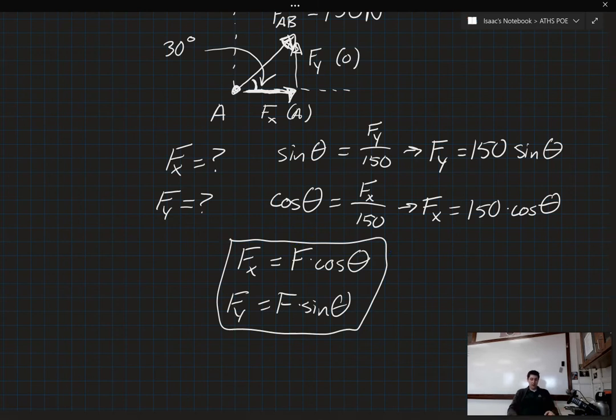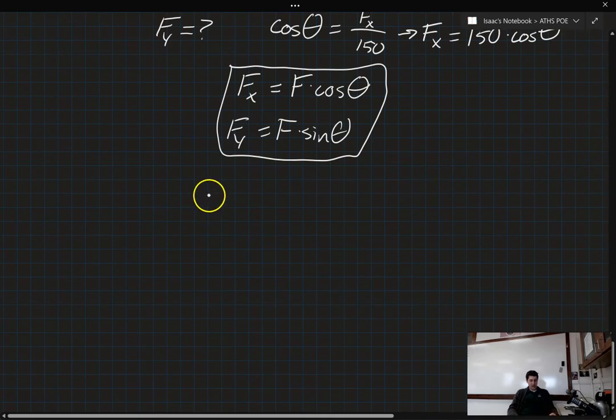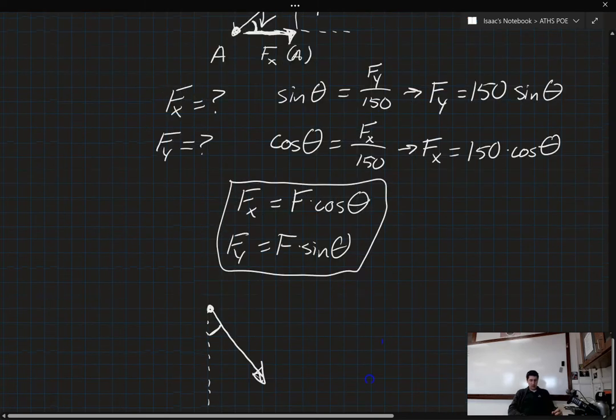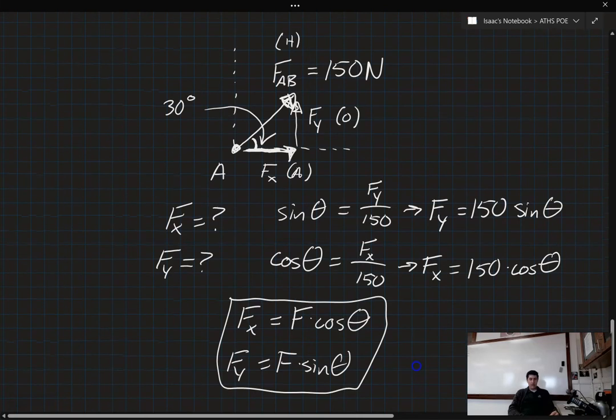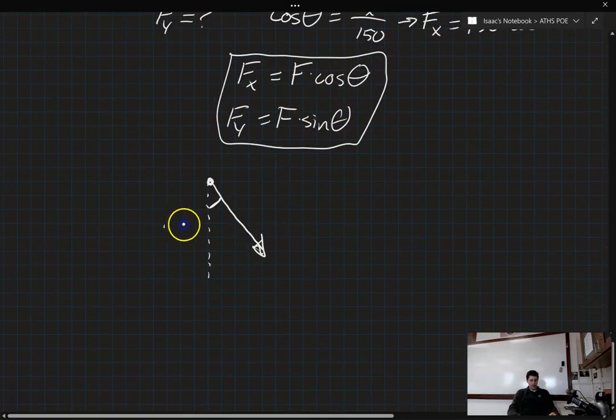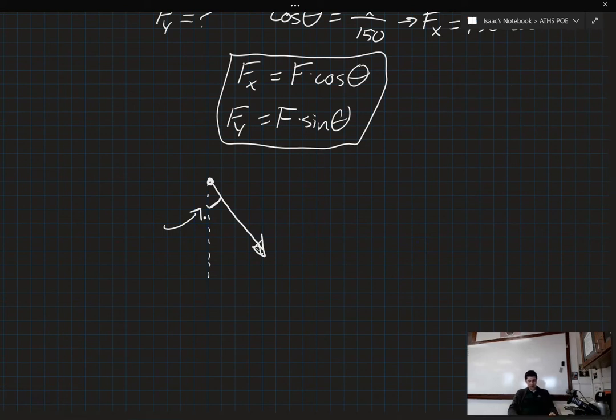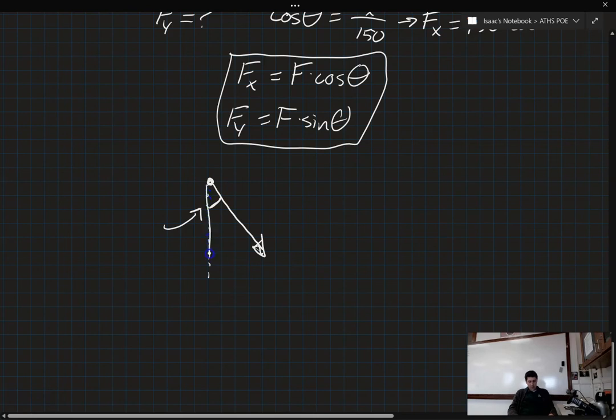But there's a caveat. See, if we have an angle that is actually pointed down, like this, where my angle is not with respect to the horizontal like all the other ones that we've seen before, but is instead with respect to the vertical axis, then things actually flip. Here, we can see that in action. So this time my y force is pointed straight down and my x force is pointed this way.